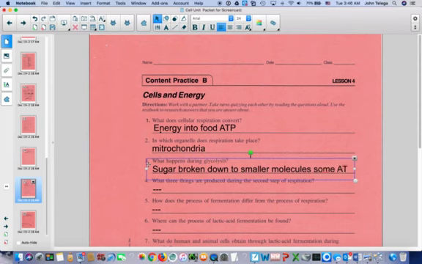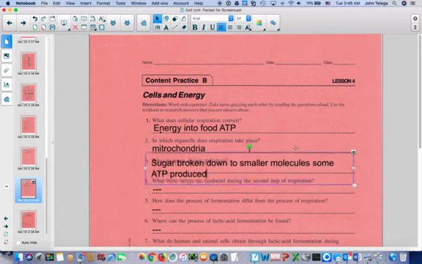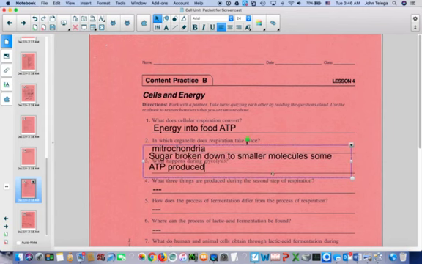Some ATP produced. Let's move that one up a little bit. What 3 things are produced from respiration? Large amounts of ATP, water, and carbon dioxide.